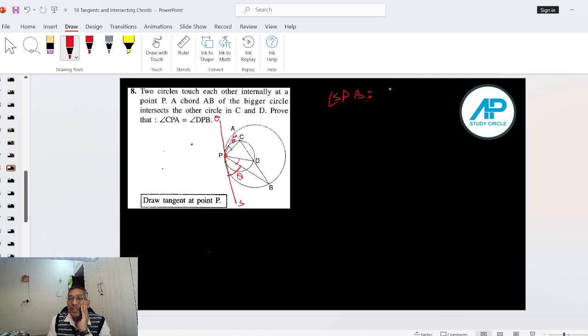SPB equals angle PAB, alternate segment property. Then we can take it as X, that will be better.